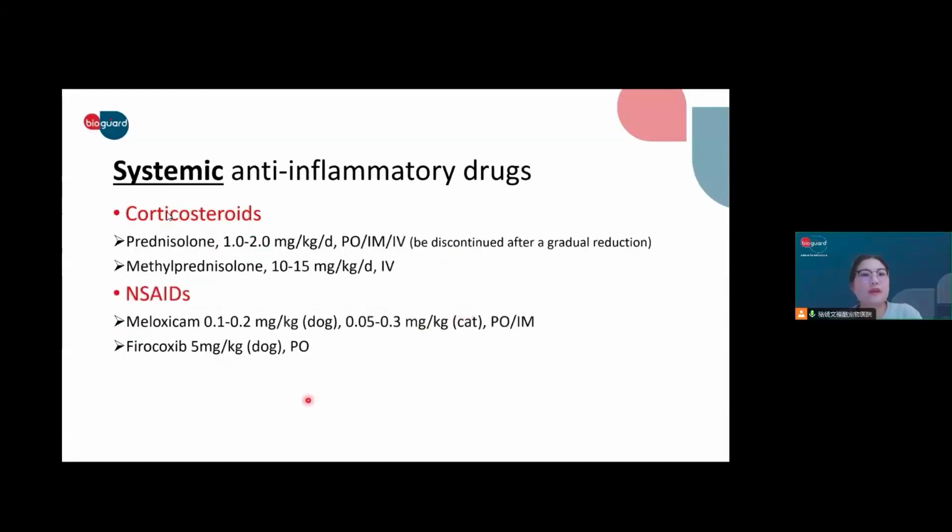And if it is a moderate or severe uveitis, we may also use systemic anti-inflammatory drugs like prednisolone, methylprednisolone, or meloxicam, firocoxib.